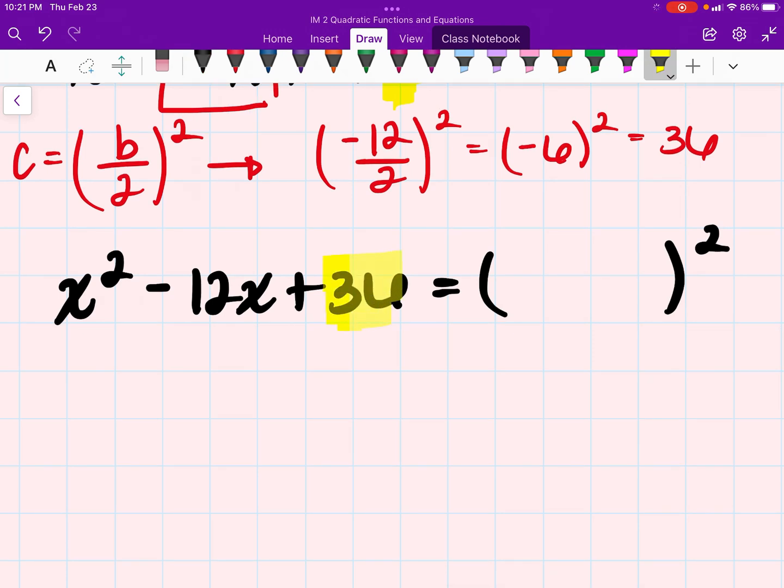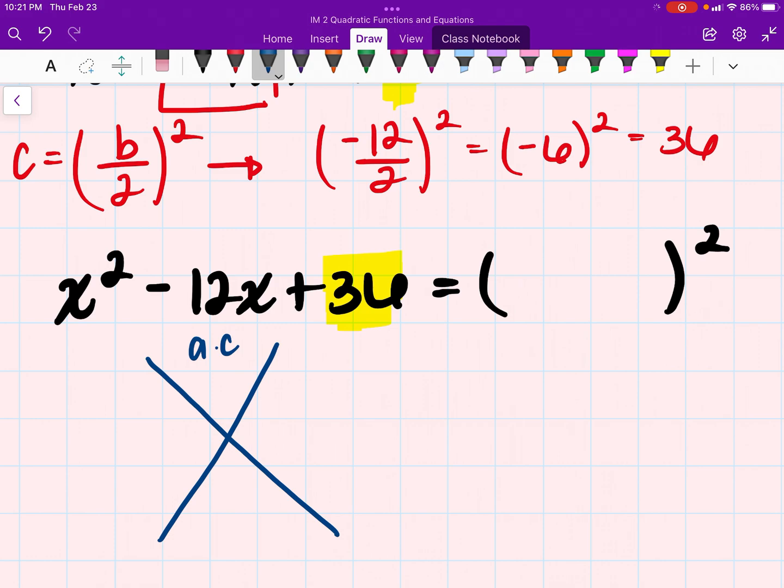So I have a times c on top, b on the bottom: that's 36 and negative 12. Two numbers that multiply to the top and add to the bottom are negative 6 and negative 6.